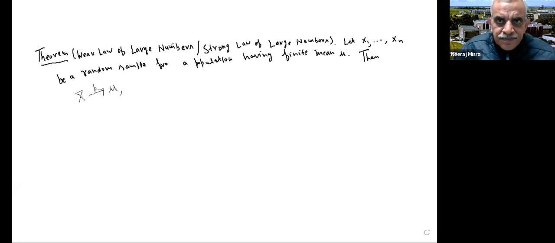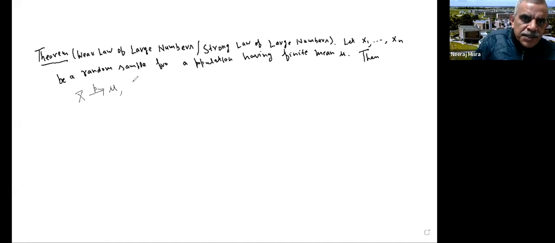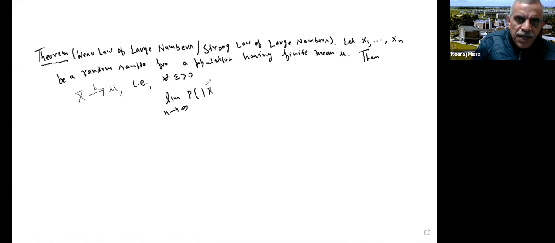What does that mean? It means for every epsilon greater than 0, the limit as n goes to infinity of the probability that the modulus of X bar minus mu is greater than or equal to epsilon would be 0.